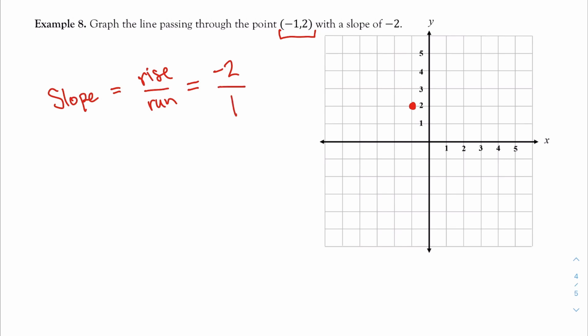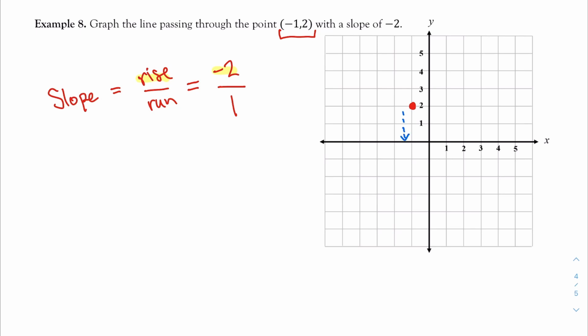This is still -2. But the point I'm going to make here is, if I have a point on my line, to get to my next point, this tells me I must rise -2 units. Or in this case, go down 2 units. So for example, from this point, I'm going to use a blue line to indicate that this isn't actually part of my graph.